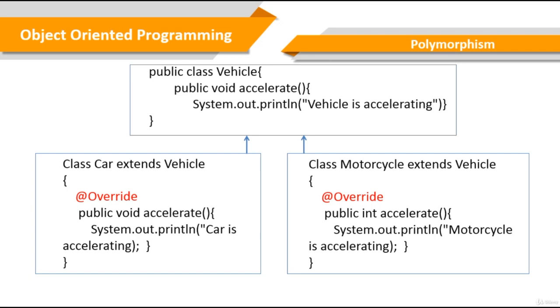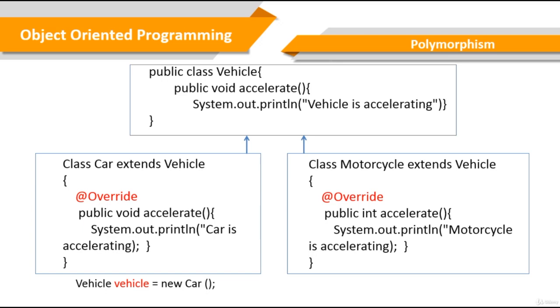So let's say if we want to create two objects, vehicle equals new car. Now that's a statement that works because car is a subclass of vehicle, okay? So here the reference variable, vehicle, declared the type of vehicle is pointing to an object of the car class.